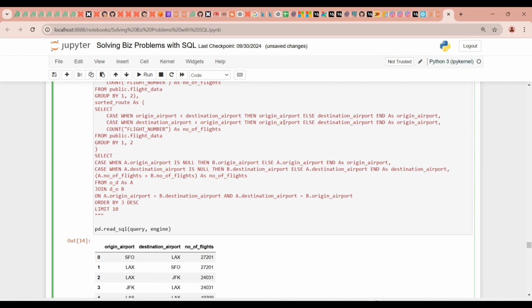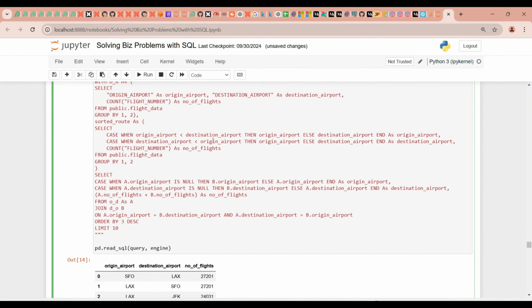If it's less than the origin, use the origin airport. Else, keep the destination airport. And let's call this destination airport.